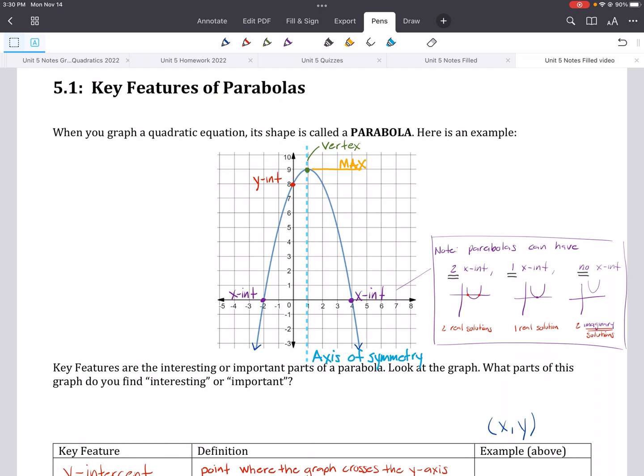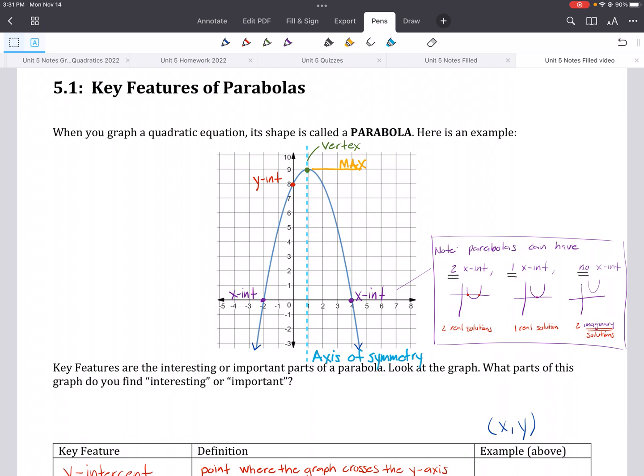All those different things you've maybe talked about before with transformations apply, but we'll get into that as we go along. So this shape is called a parabola, kind of a U shape, or an upside-down U shape.